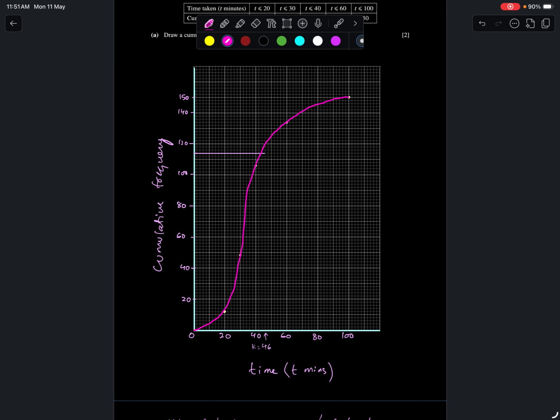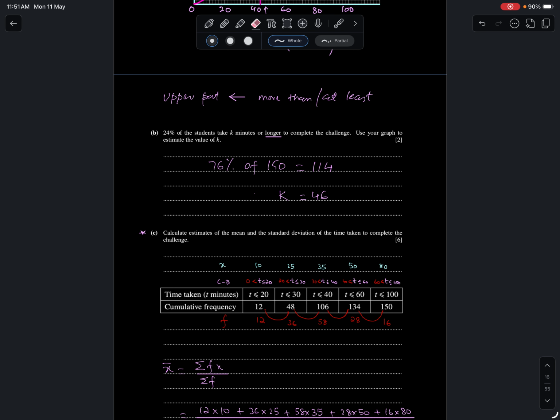Now according to the curve, the estimate is here. So this is, I guess, 43. This is with respect to the curve.